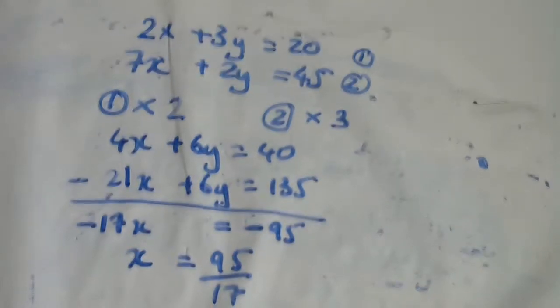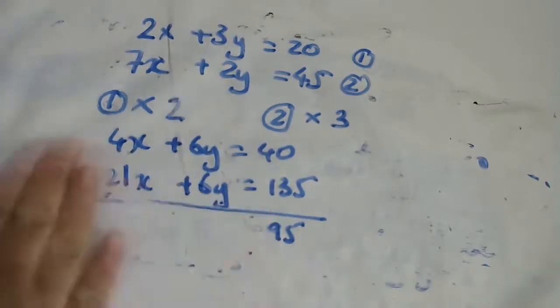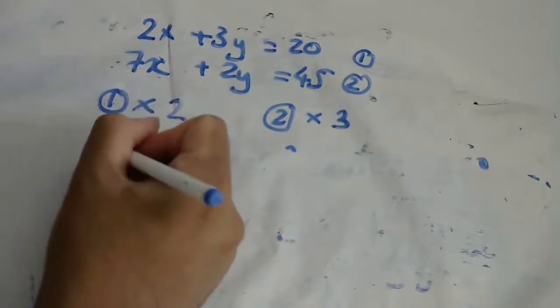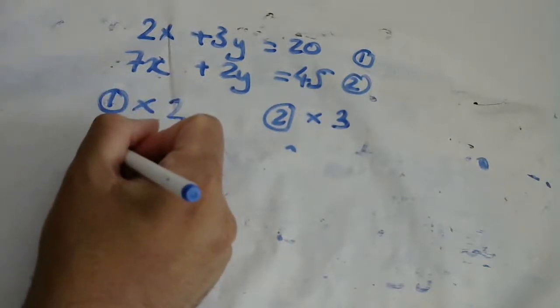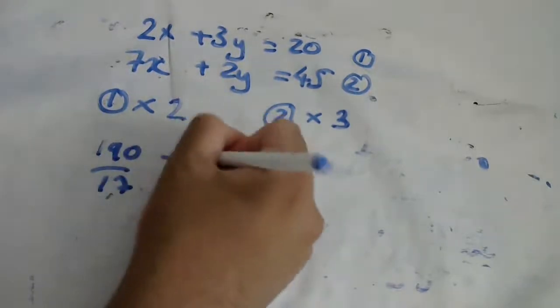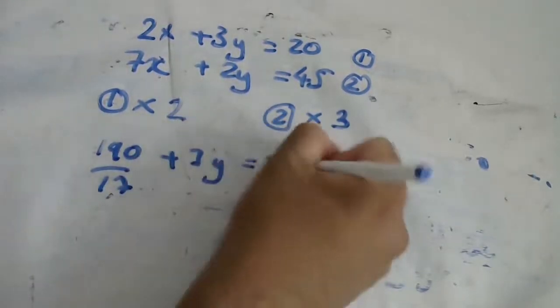Right, 50 over 17 is a claim. Let's have a look if that's true. So we've got 95 over 17. Okay, cool. So 95 over 17 was x. I'm going to put it in this equation. So that's going to be 95 times 2 is 190 over 17 plus 3y equals 20.